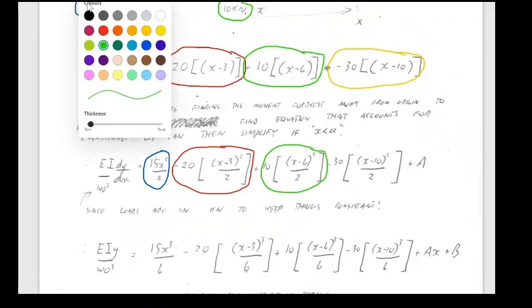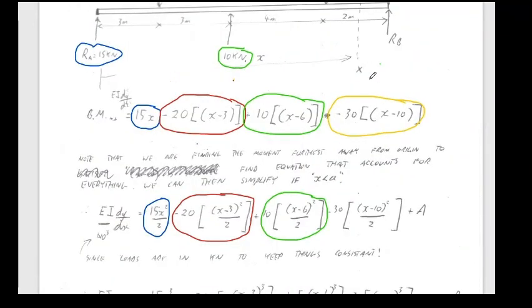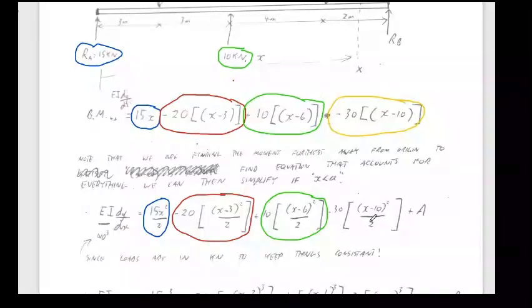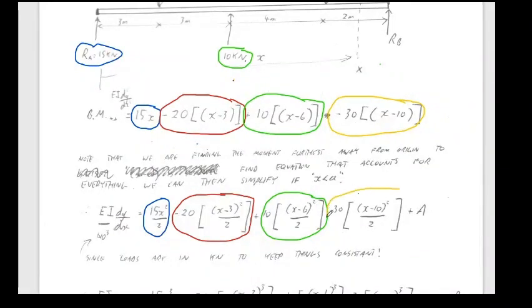That's that term there. And then finally, the last term, this one here, 30 times x minus 10. Again, it's a Macaulay's term, so it becomes minus 30 times x minus 10 squared over 2. There's that term there.